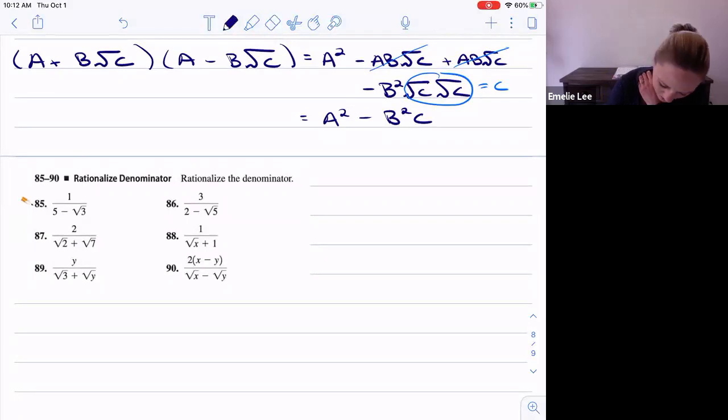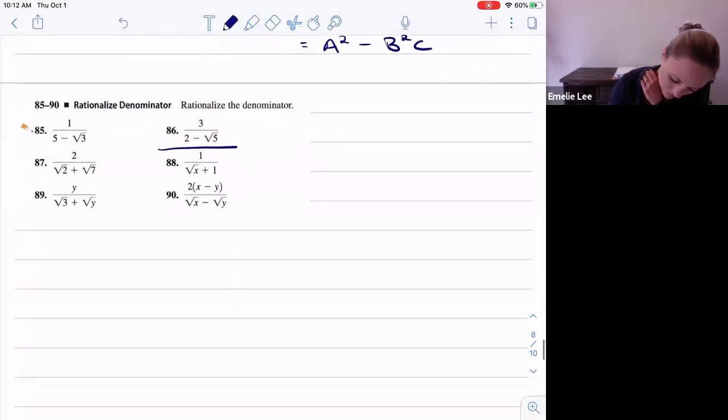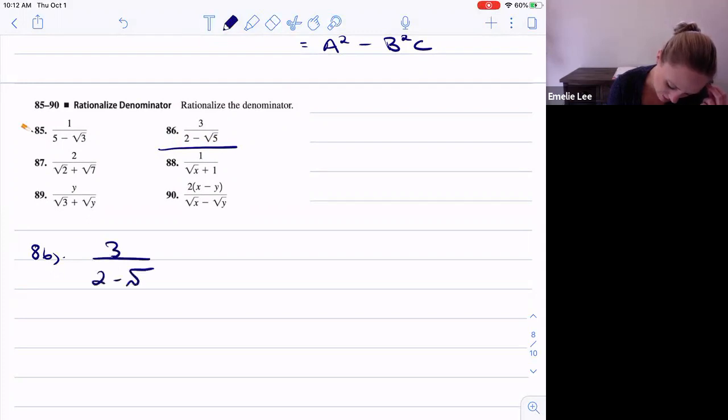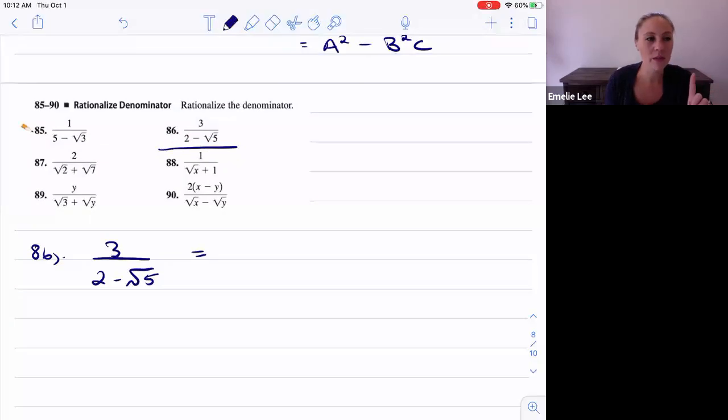So we'll start nice and slow. How about we do, let's do 86. So if I want to rationalize the denominator, what that means is I don't want this square root 5 in the denominator anymore. So what I have to do is I've got 3 over 2 minus root 5. I'm going to rewrite this by multiplying by 1, multiplying by the conjugate radical of this guy, 2 minus root 5.